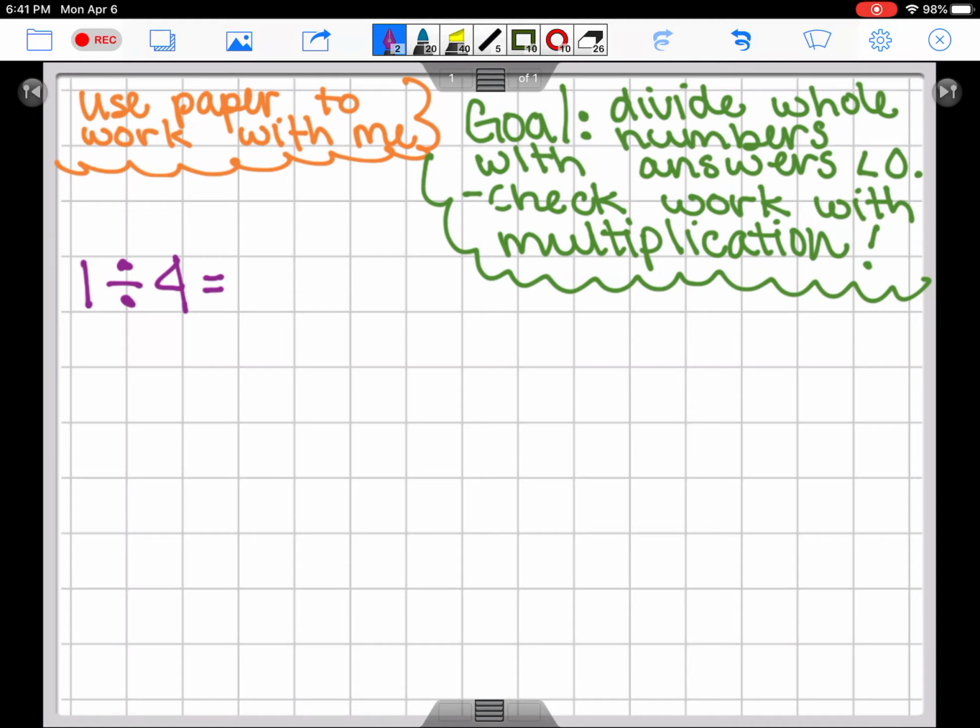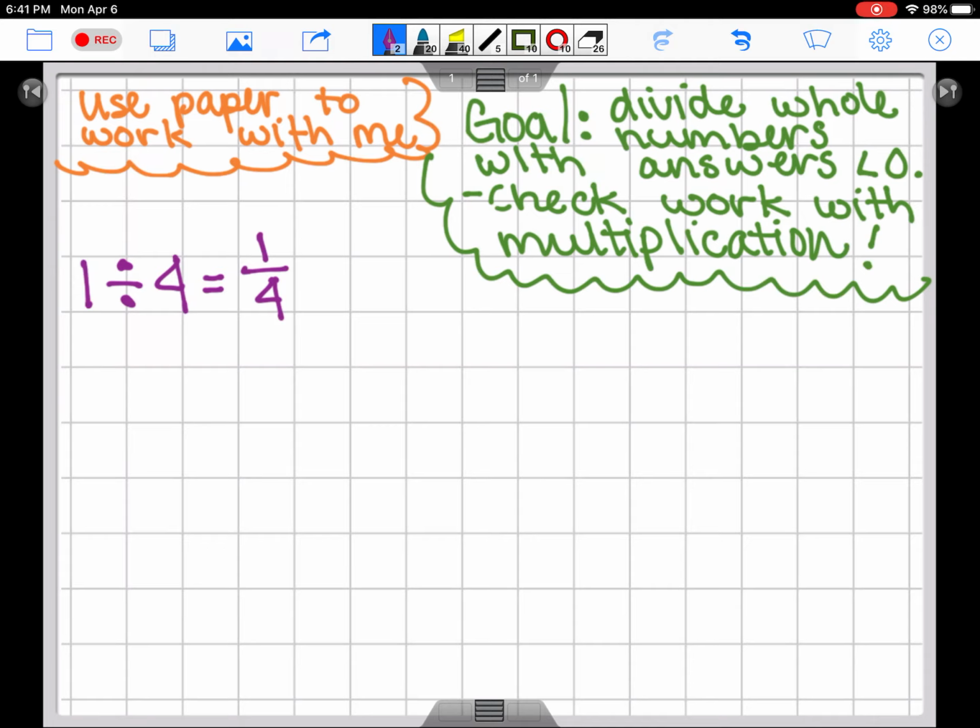Now that we've addressed that, I'd like you to think about and write down, if you can, what fraction is represented by this division sentence. All right, team members, if you wrote 1 over 4, or 1/4, you're right there with me.